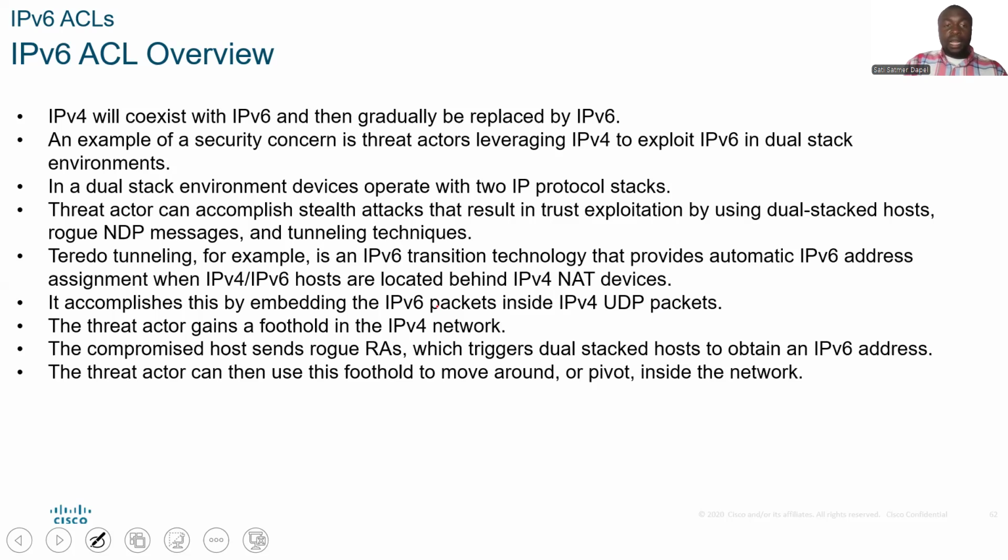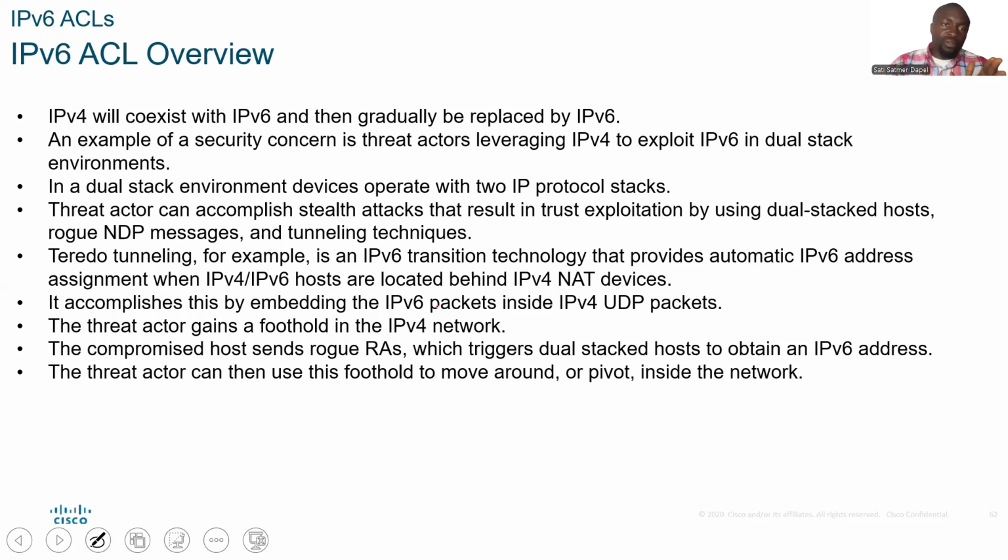Threat actors can accomplish stealth attacks that result in trust exploitation by using a dual stack host. So rogue NDPs, neighbor discovery protocols, that's the NDP, all right? The point we're making here is that IP version 6 is important, but in some organizations, you run both IP version 4 and IP version 6.